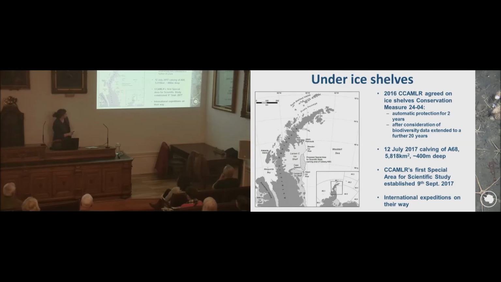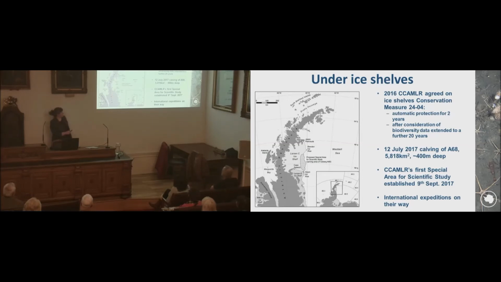Last year, this 150 by 50 kilometer iceberg A68 broke off. I've spoken a lot about it. It's 4 times the size of Greater London. And the ice here is around 400 meters deep, but the waters around it are only around 430 to 450 meters deep.